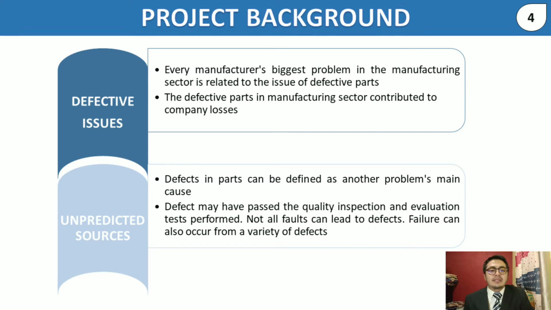The issue of defective parts contributes to the company's losses. The second one is about the unpredicted source of this defect. The probability of a defect contributing to the product's failure to function properly is difficult to predict.